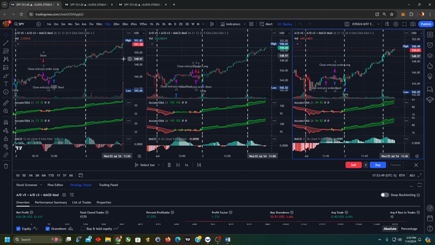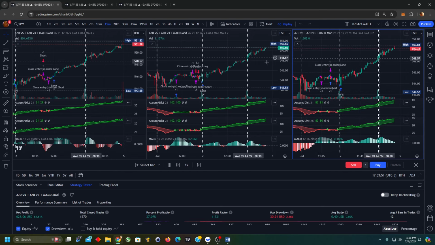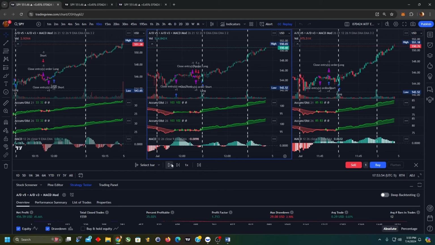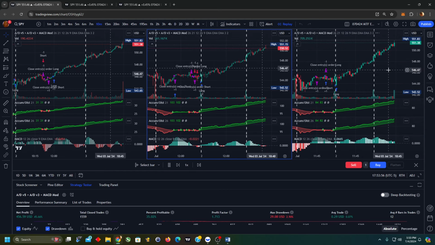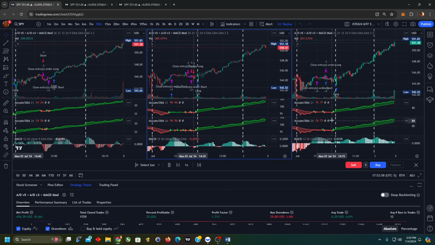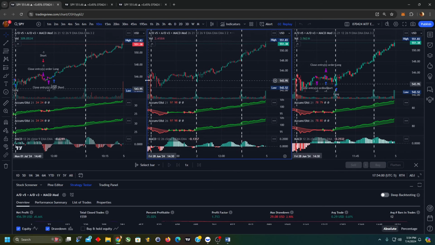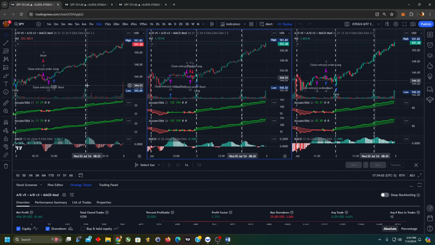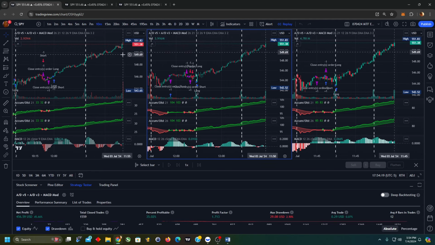Or, yes, that's correct, noon. And you can see what this ended up doing, right? So it took the trade from about, let's call it 544.75 up to 551.